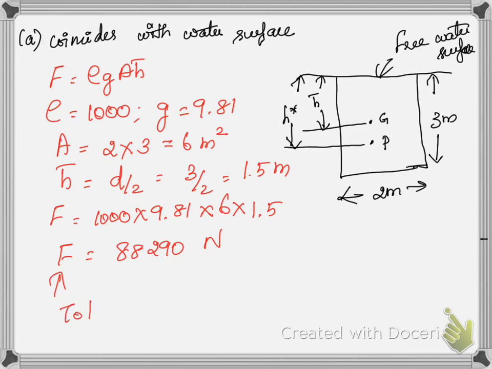F is my total pressure force. The next thing they have asked us to determine is the depth of center of pressure, which is H star. The formula for H star is IG divided by A H bar, plus H bar. We have determined H bar already, which is D by 2, that is 1.5 meter.